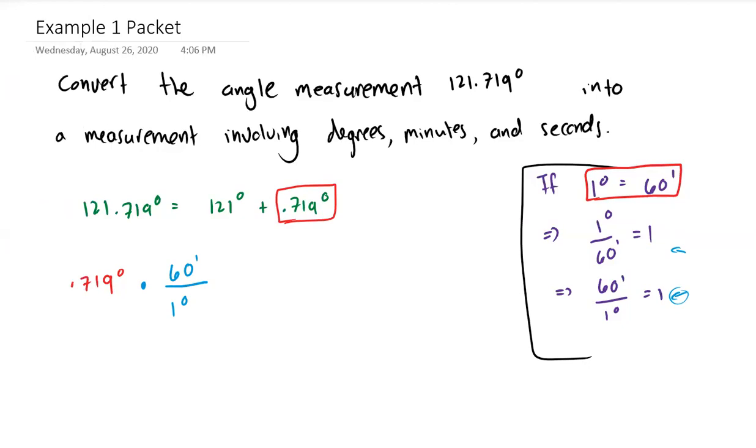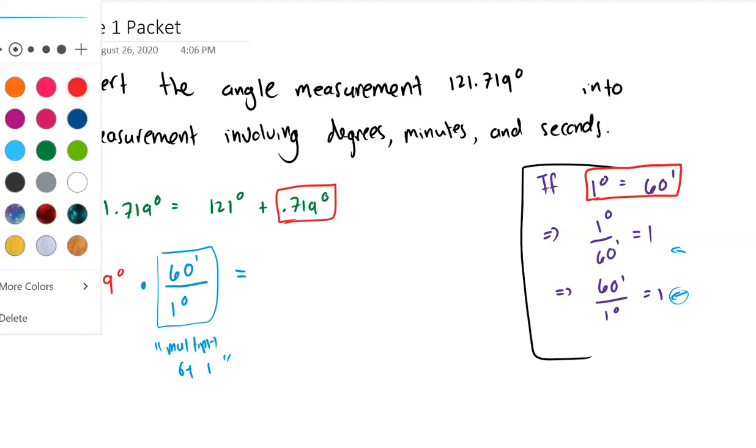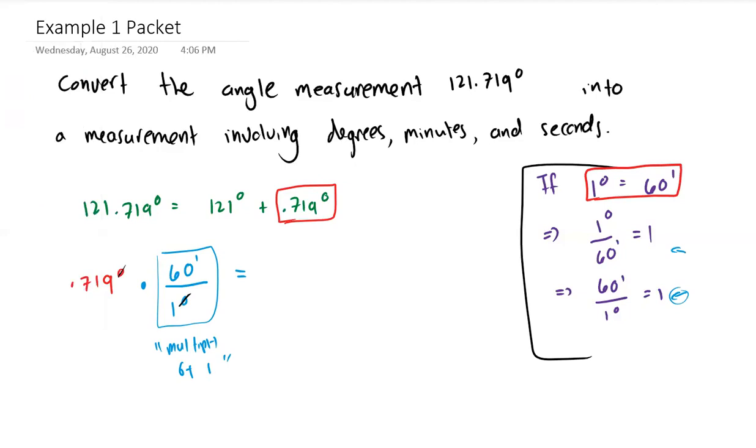So think of this as just multiplying by 1. And that's how I like to think about conversions. Now that we've done this, the degrees in the bottom cancel with the degrees in the top. So I'm going to have this cancellation going on.